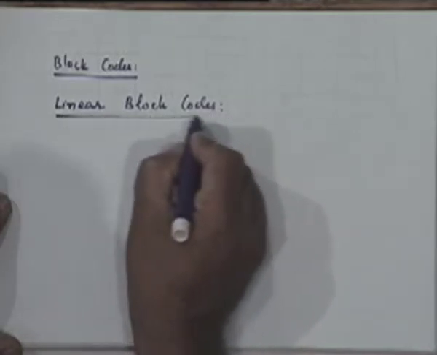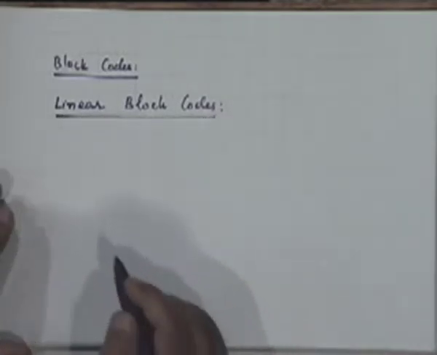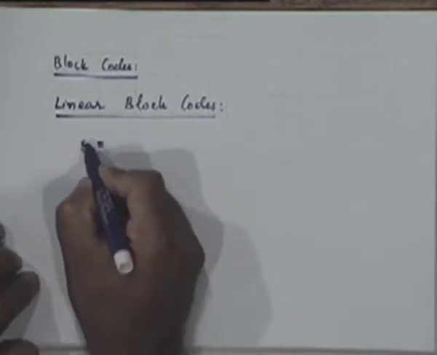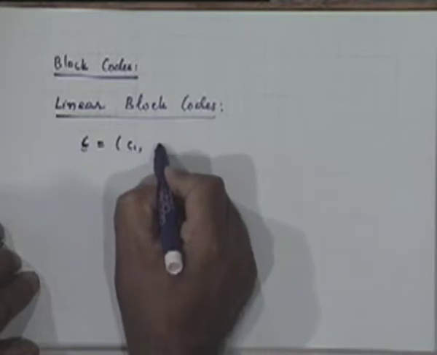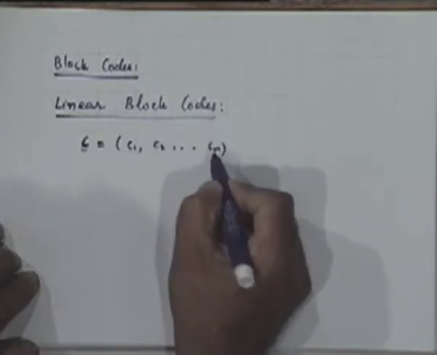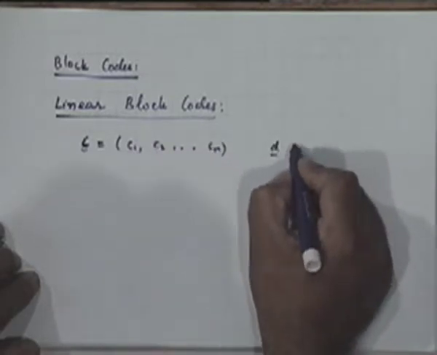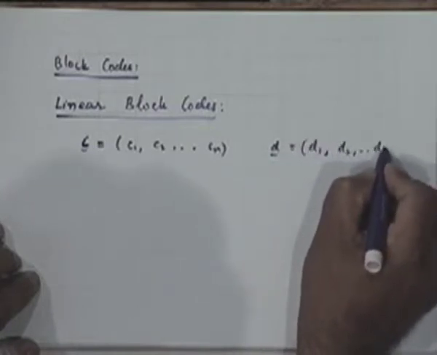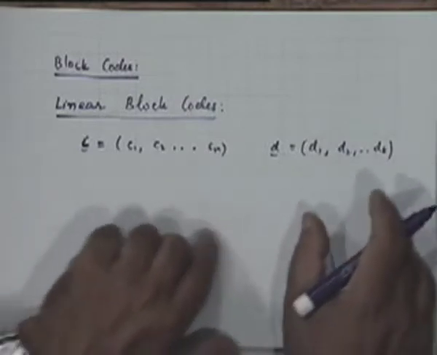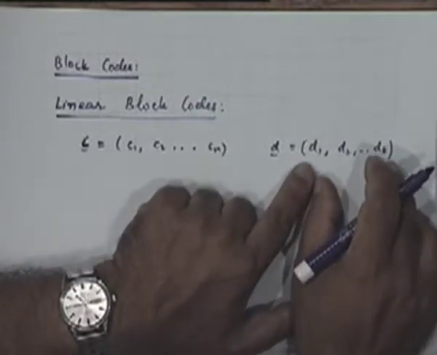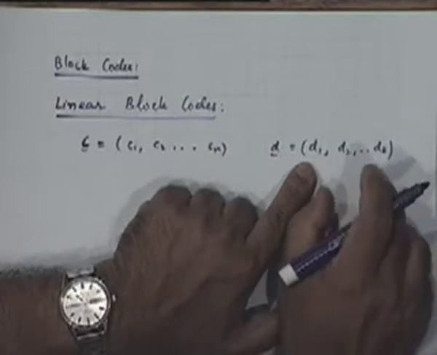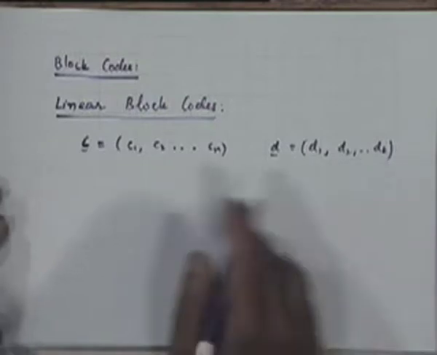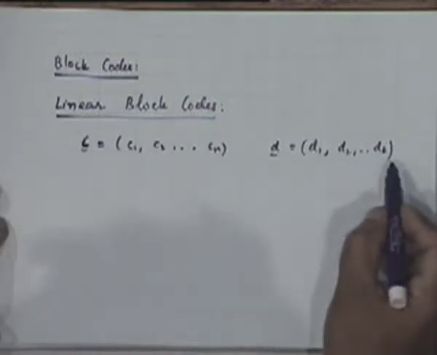Here the idea is that a code vector C, C1, C2 to Cn, is obtained from a data vector D, D1, D2 to Dk, essentially by taking a linear mapping of this data vector from a k dimensional space to an n dimensional space. Essentially each code bit is taken as some kind of a linear combination of the corresponding information bits.